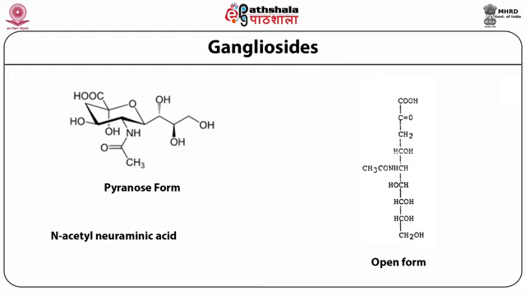The so-called grey matter in the brain is rich in gangliosides. There is a disease called Tay-Sachs disease, which is generally fatal for infants. This is an inherited disorder associated with the deficient hydrolase, which breaks down a ganglioside.